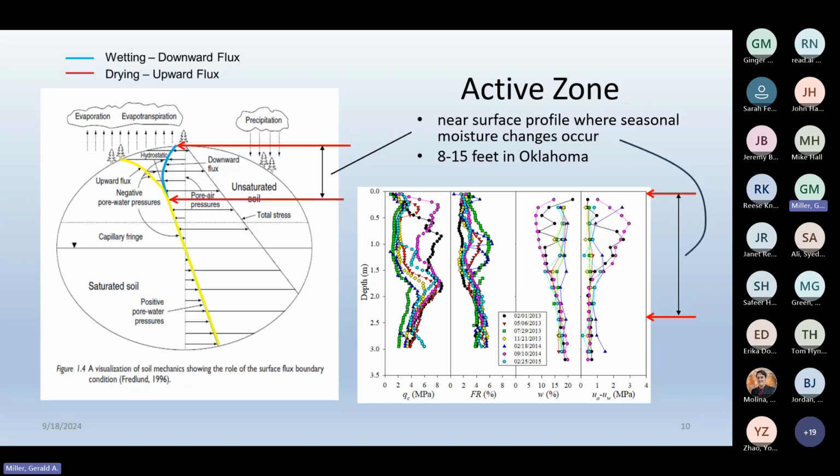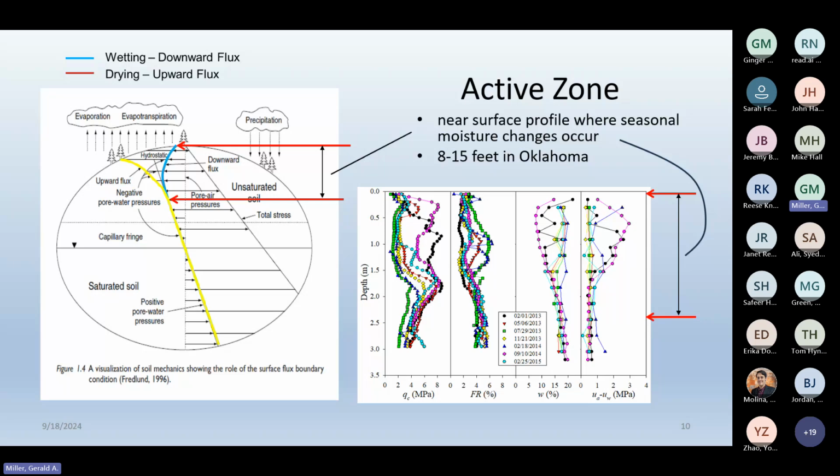And on the right is just a little taste of what happens as the water content changes. What you're looking at here is the tip resistance from a cone penetration test, friction ratio, and then water content and the capillary pressure, matrix suction. And what you see is there's a wide variation in the water content over the dates of testing, which span a couple of years.